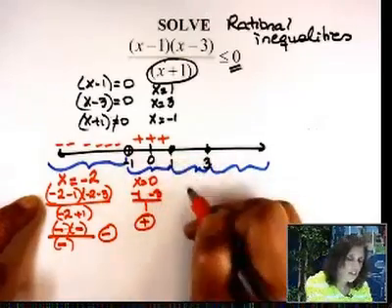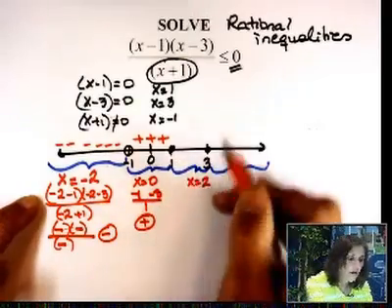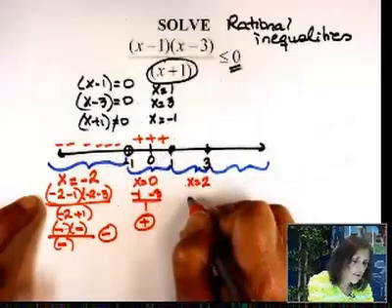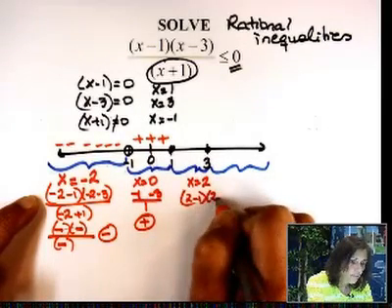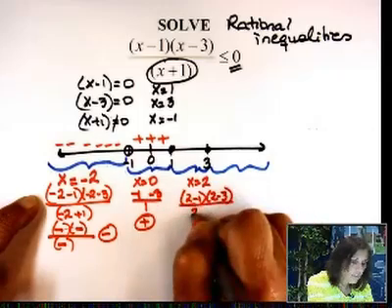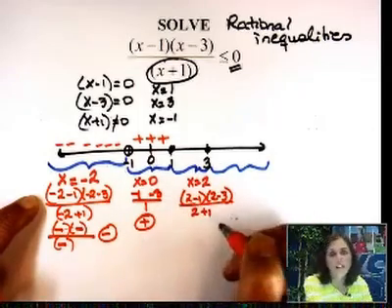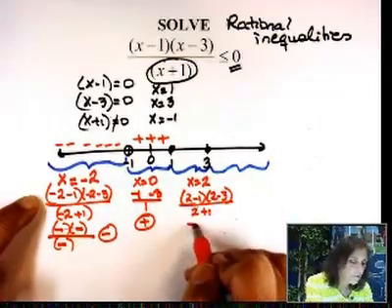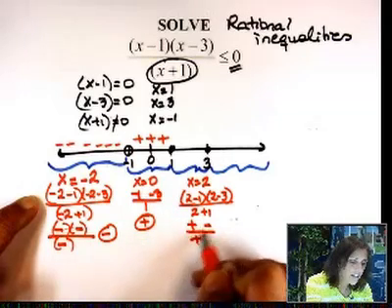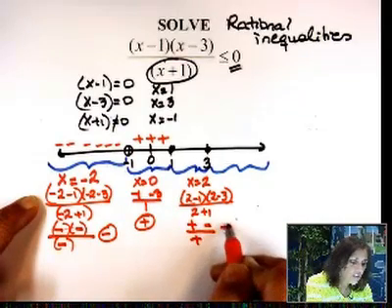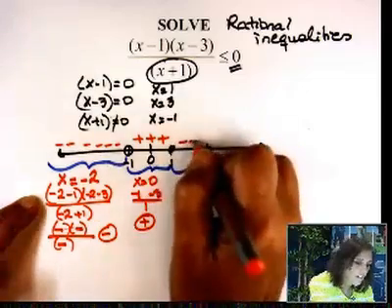How about this region? Let's put x equals 2. That's going to give me 2 minus 1, 2 minus 3, 2 plus 1. You don't have to calculate it, just look at the signs. This one is a positive, this one is a negative, and this one is a positive. Positive, positive, negative, so that's going to give me a negative answer.